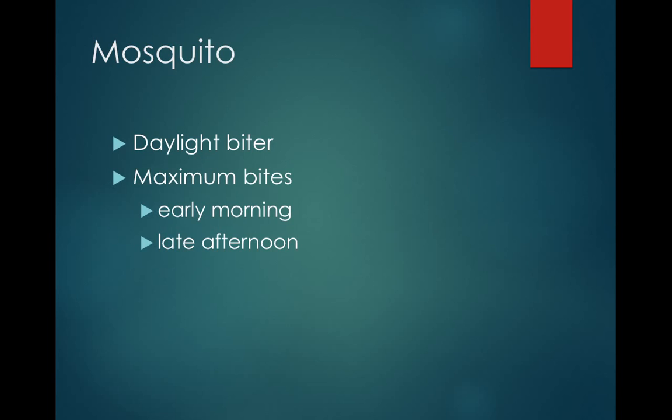But here we see this is a daytime biter, so it is critical for us to understand when we should be cautious about this mosquito so that this mosquito doesn't bite us.